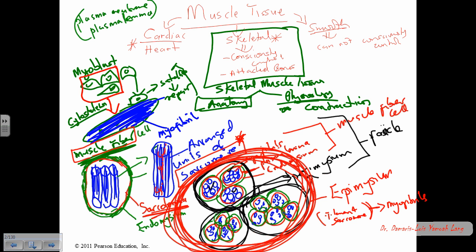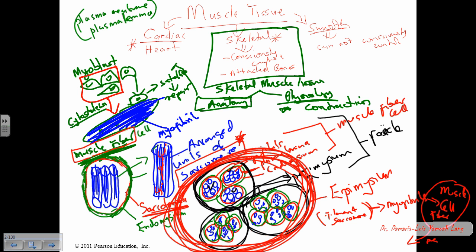And a lot of myofibrils will be located where? Inside of the muscle cell, or the muscle fiber. All right, and the muscle fiber will have what wrapped around it? The endomysium wrapped around it.